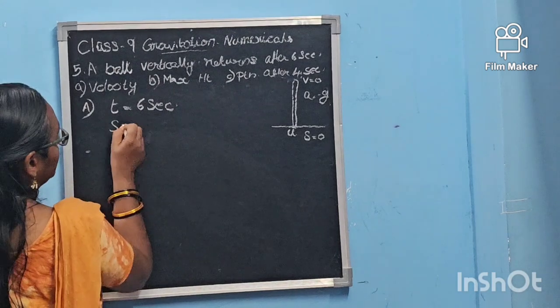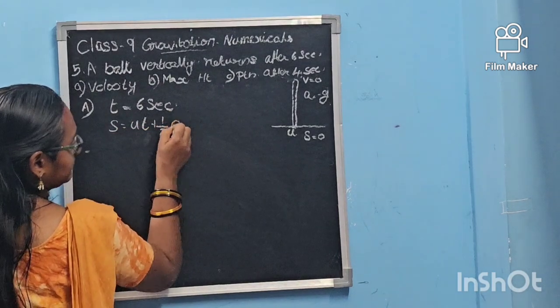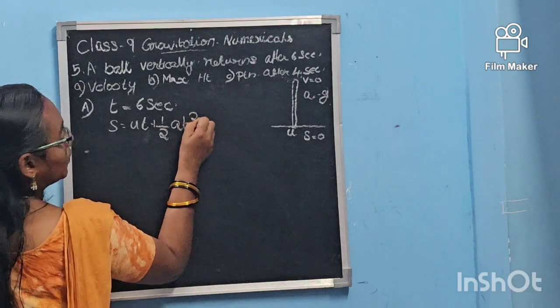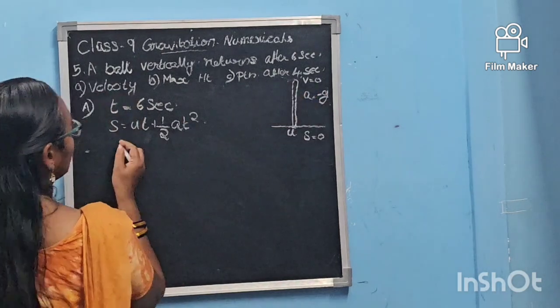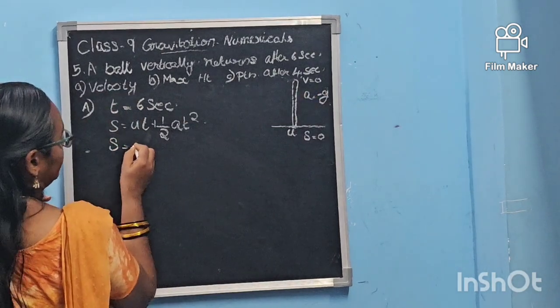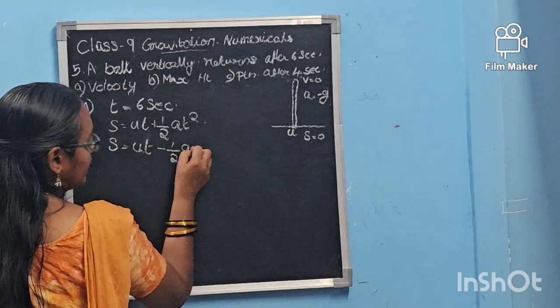s is equal to ut plus half at square is the equation applied over here. Here a is equal to minus g. So the equation changes in this manner: s is equal to ut minus half g t square.